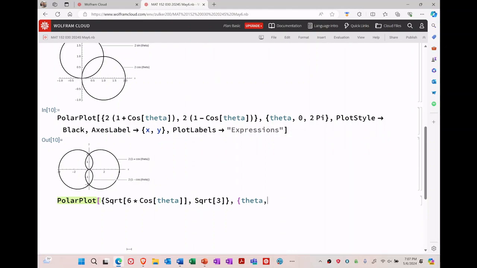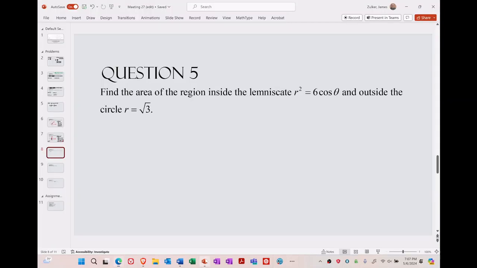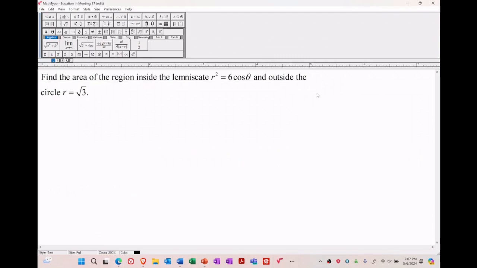Oh, wait a minute. I think that's a typo. I think this is supposed to be 2 theta.